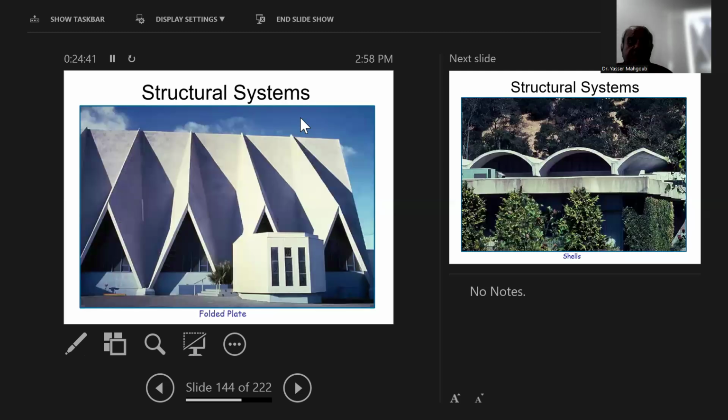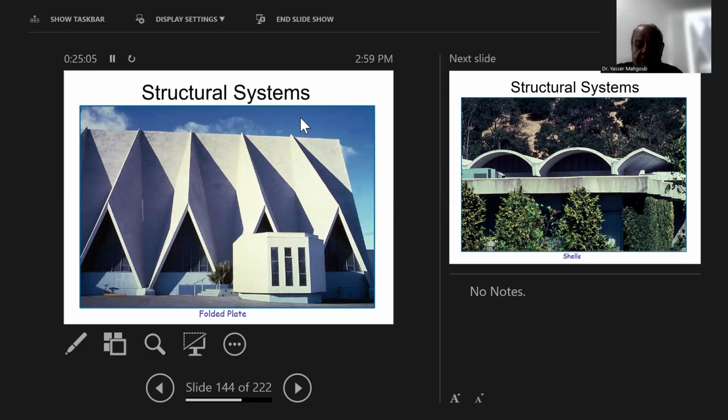So this is a type of folded slab. You see the folded slabs, they go all the way to the ground and they cover the whole building from outside. So you have two layers, the layer of the folded plates and the layer of the building inside.